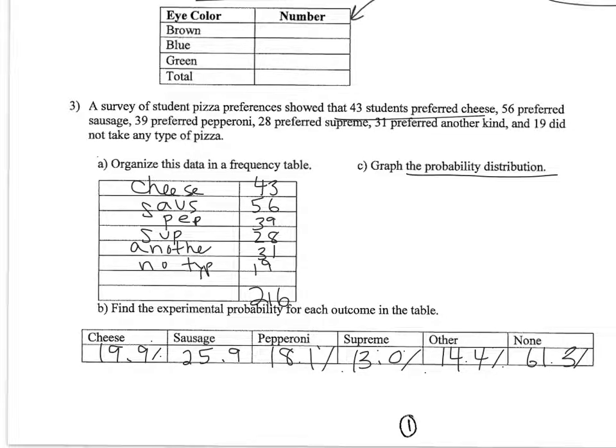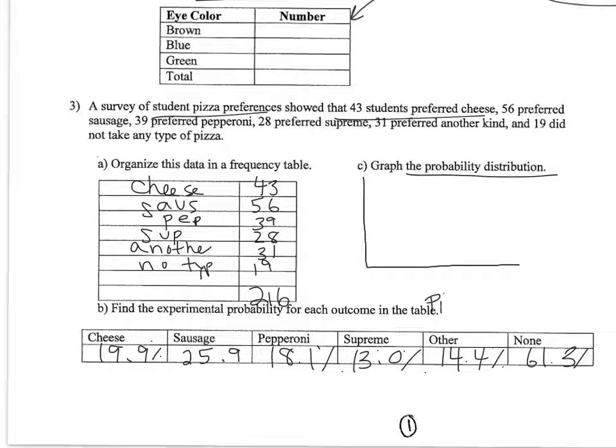So these are all percent. So to graph a probability distribution, you make a graph like you're in the first quadrant, because we're talking about positive probabilities. And then I'm going to label my x-axis as type of pizza preferences.